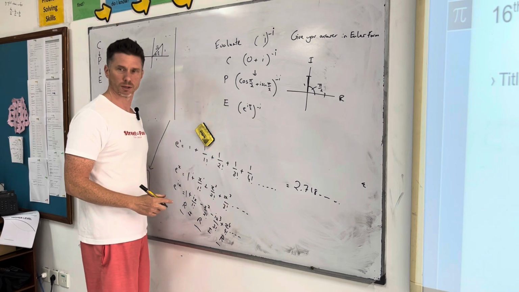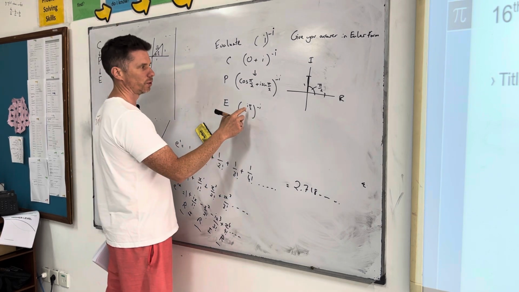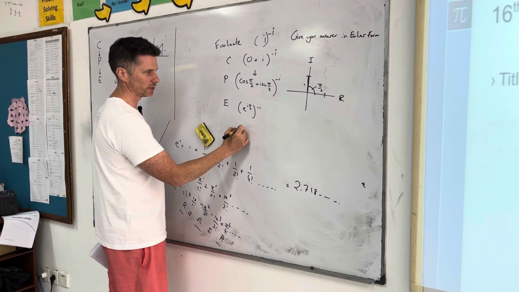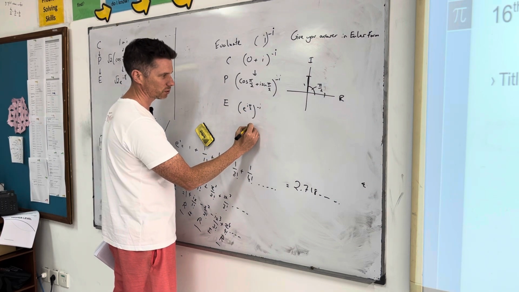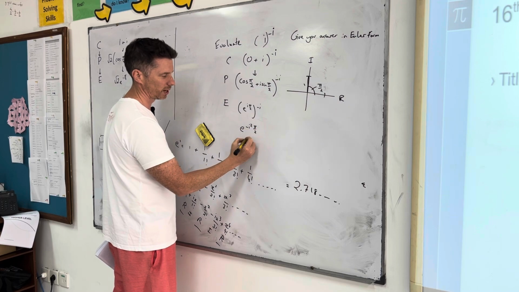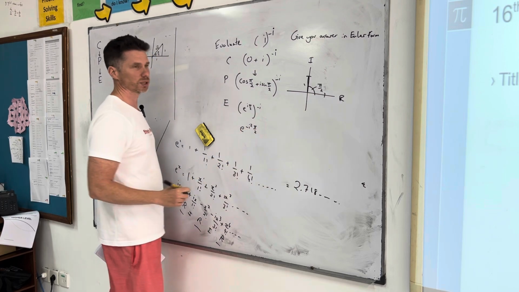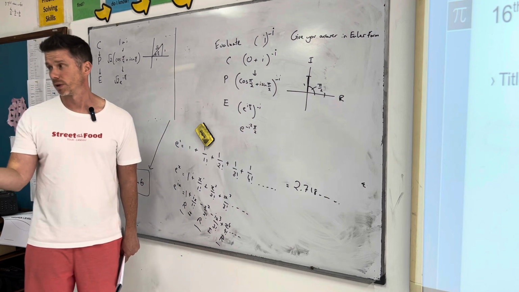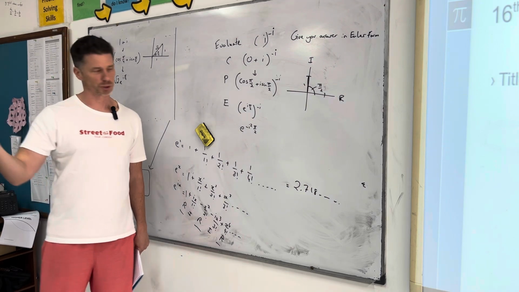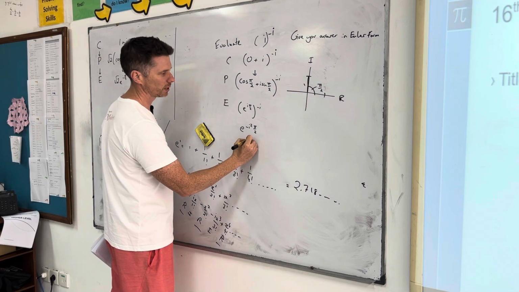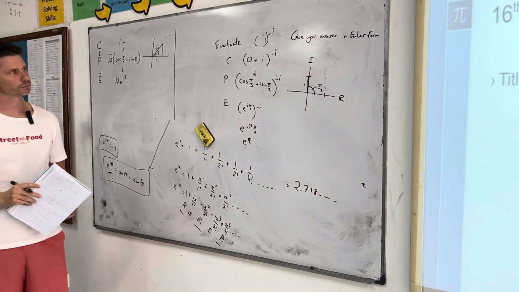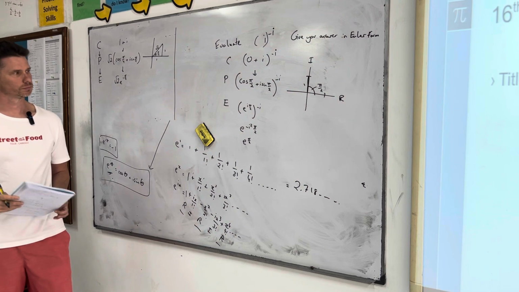So i times minus i, you can write the step minus i squared if you want. What's minus i squared? i squared is minus 1, so minus minus 1 is plus 1. So it's e to the pi over 2. That's the answer.